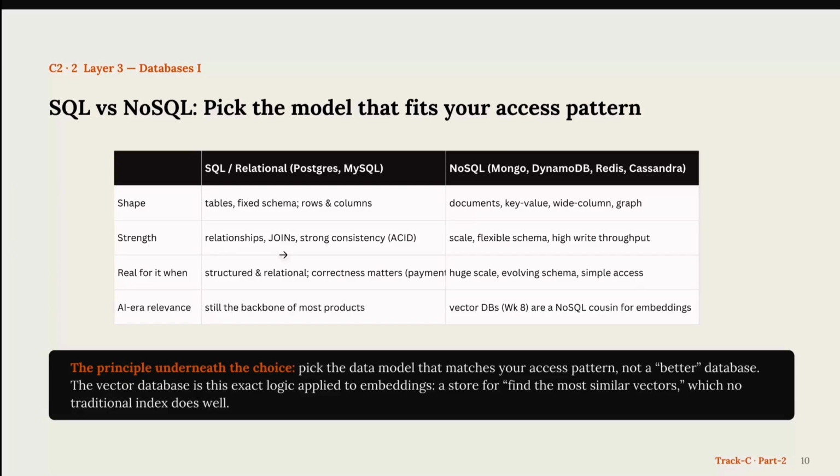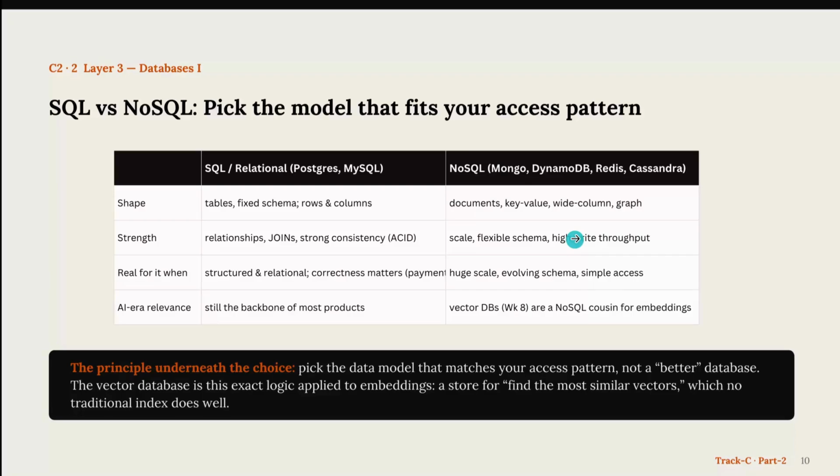There is flexible schema and high write throughput. The ability to write data faster is one of the most sought after features for NoSQL databases. This we use when we want structured and relational data. Correctness matters for systems like payments, orders, etc.